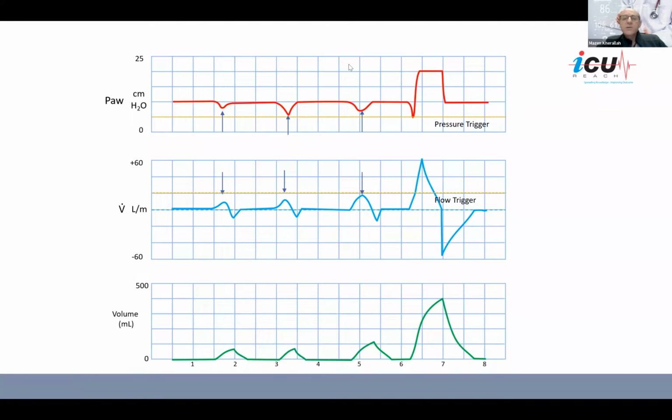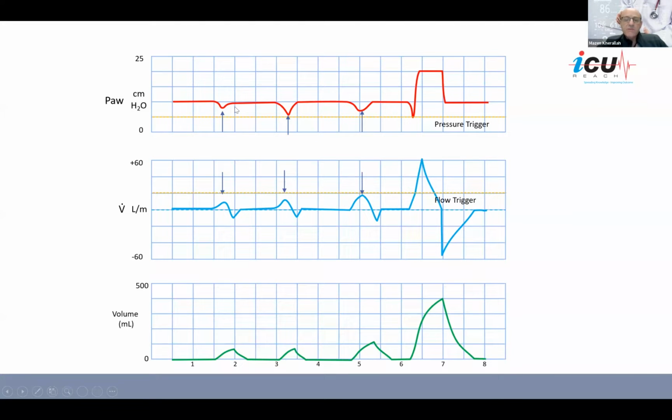The first one is, you can see the negative airway pressure, another negative, and the third negative. You can see the trigger level with the orange color. The airway pressure has to reach this trigger level in order to trigger the ventilator.